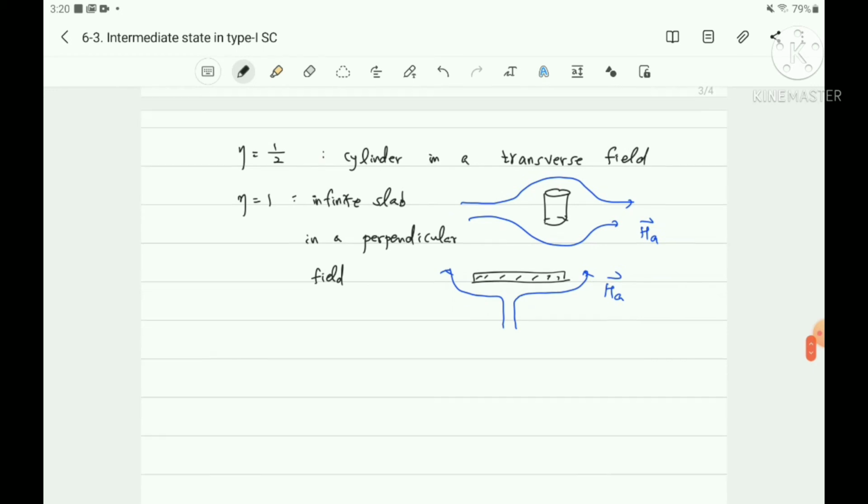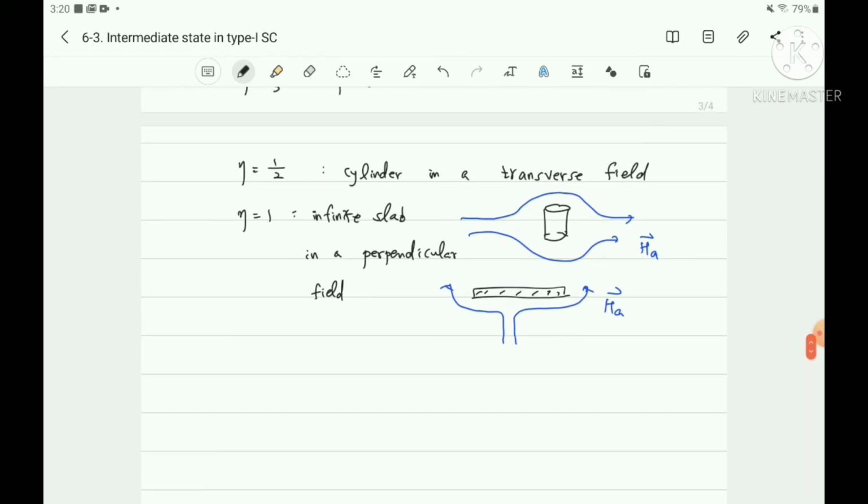Anyway, I should have a basic question. Why does the superconducting state appear? The origin of the superconducting state is that it is energetically favorable. It is a very simple answer.